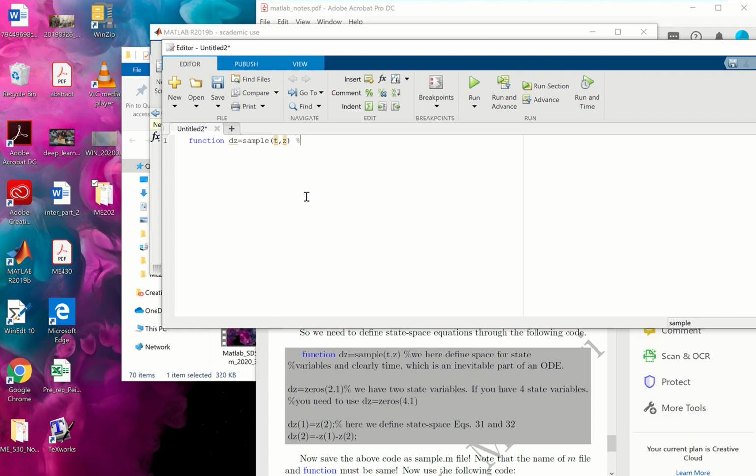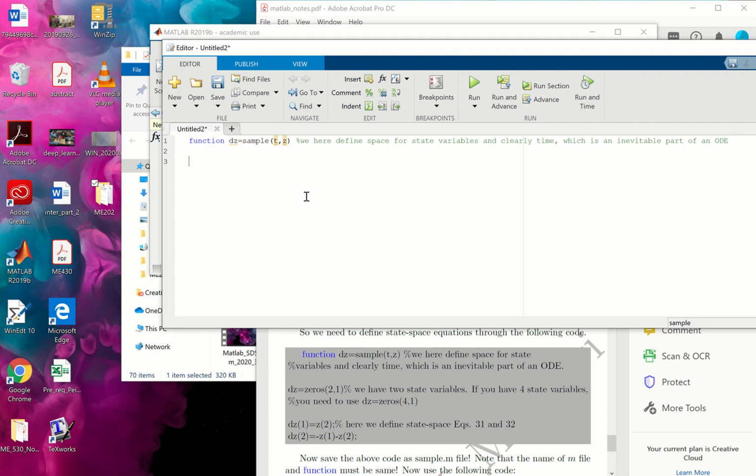Then you can put a comment, as I said here: define space for state variables and clearly time, because in a differential equation you are dealing with time, which is an inevitable part of an ordinary differential equation. This comment is good.